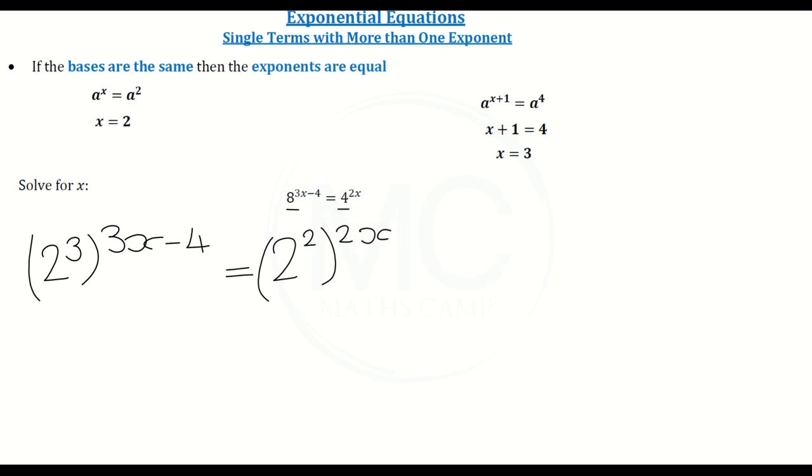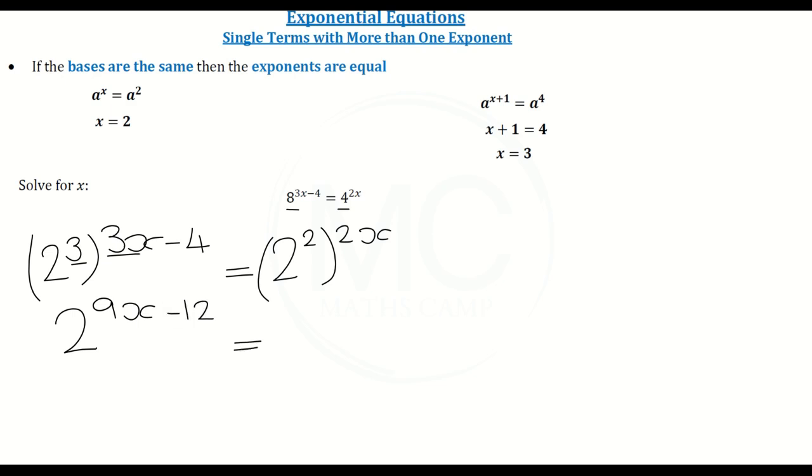Now we can multiply out our exponents. So we have a base of 2, 3 multiplied by 3x is 9x, and 3 multiplied by negative 4 is negative 12.